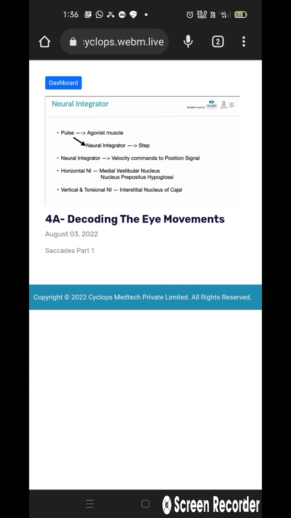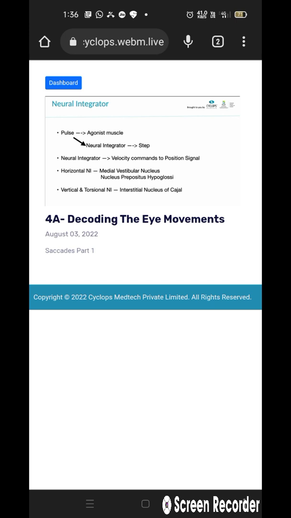The step is an eye position command, whereas the pulse is an eye velocity command. So the step is derived from the pulse by a neural network that integrates the conjugate eye velocity commands into appropriate position coded information and relays it to the ocular motor neurons.